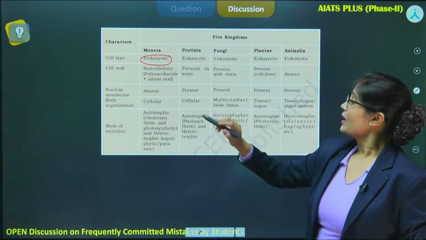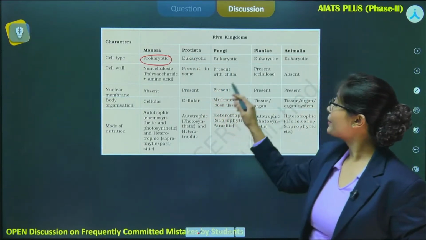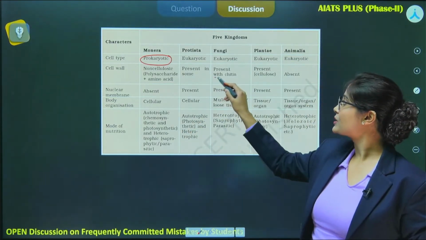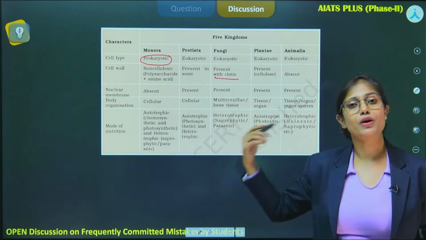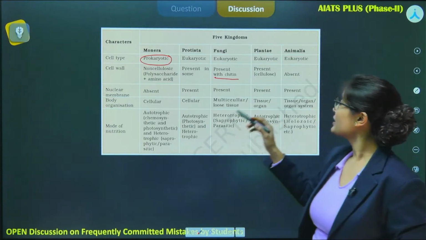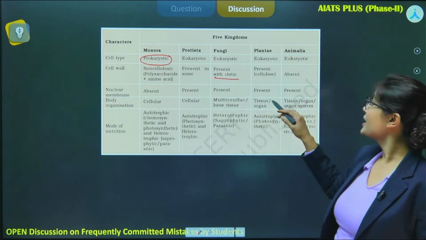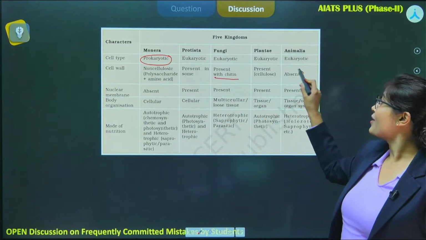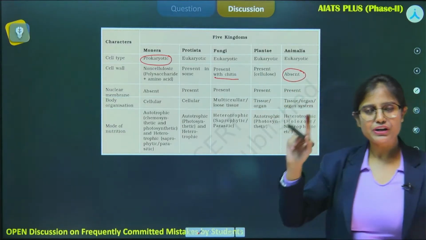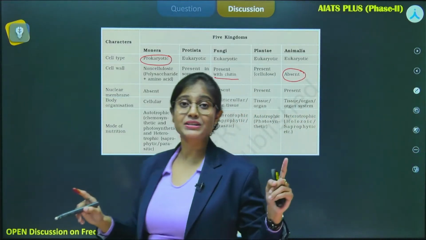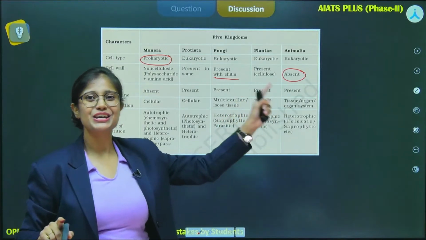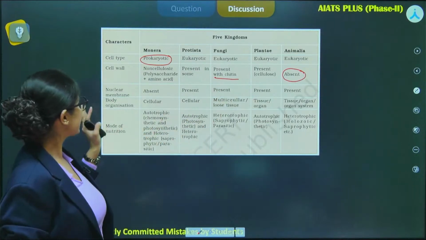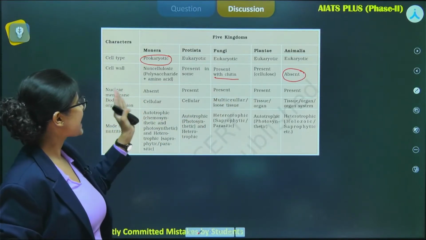Now, if we see the fungi, there is the presence of chitin. It is the characteristic feature of the members of fungi that there is deposition of chitin in the cell wall. Now, in the fourth kingdom, Plantae, the cell wall is present and has cellulose in it, and in animals the cell wall is absent. If you remember, the protozoans, which are the primitive relatives of animals, do not have a cell wall. Now, let's see the next one, nuclear membrane, which is absent in Monera.